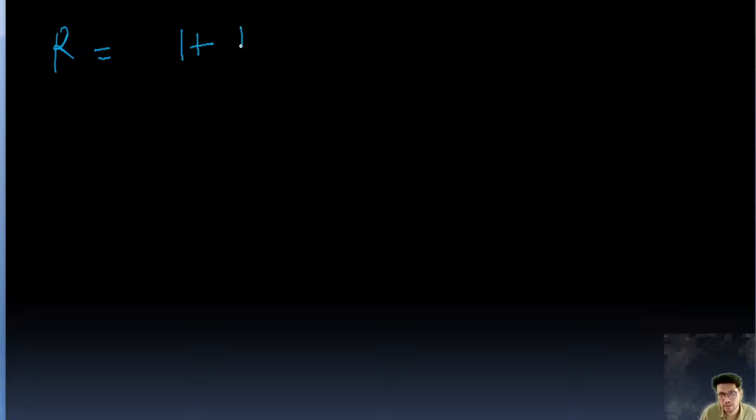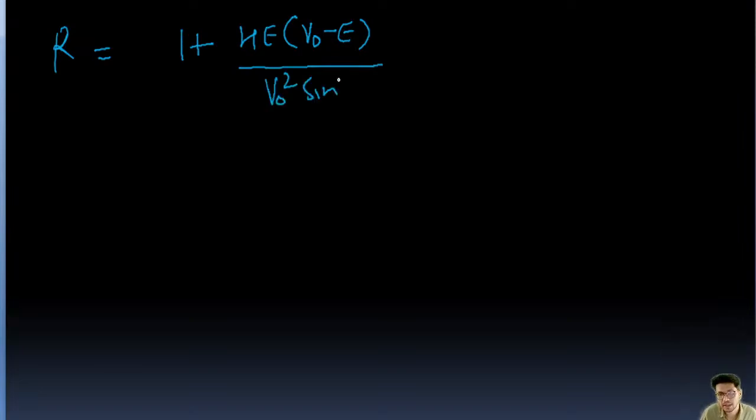The reflection coefficient is going to be (1 plus 4E(V naught minus E) upon V naught square sinh square ka) whole to the power minus 1.